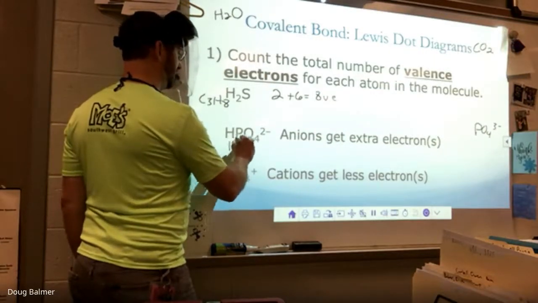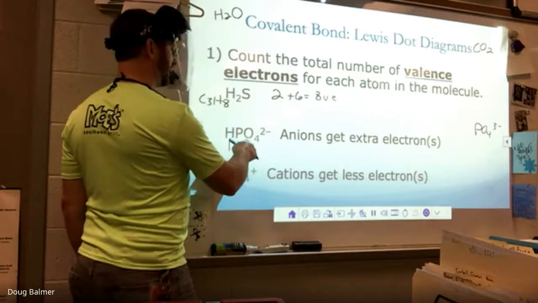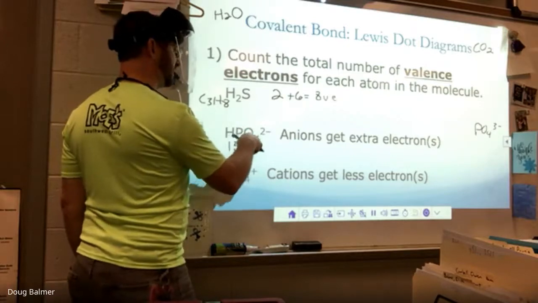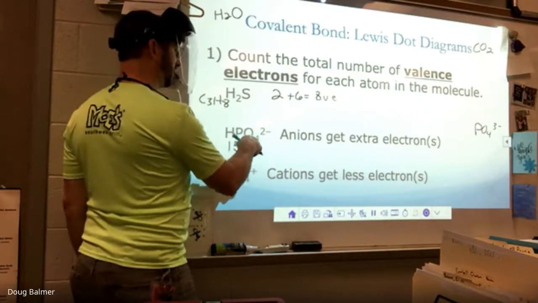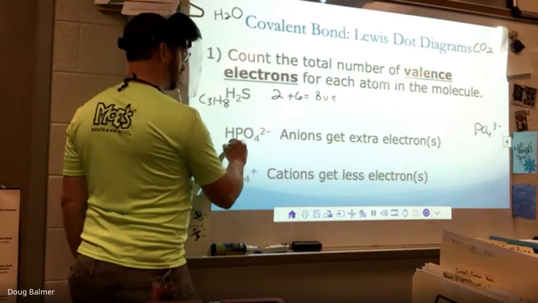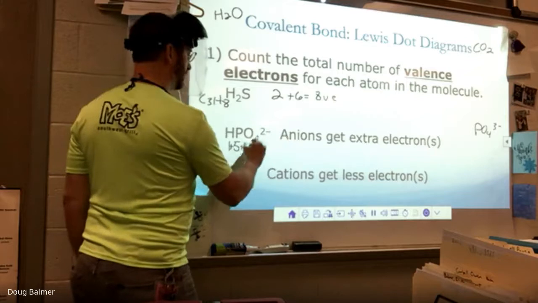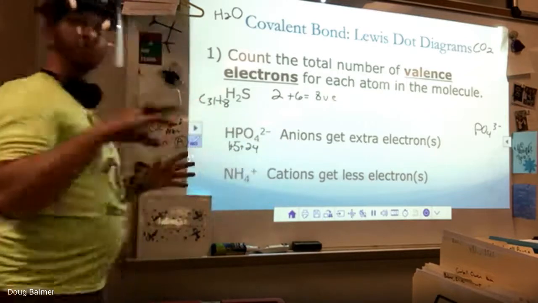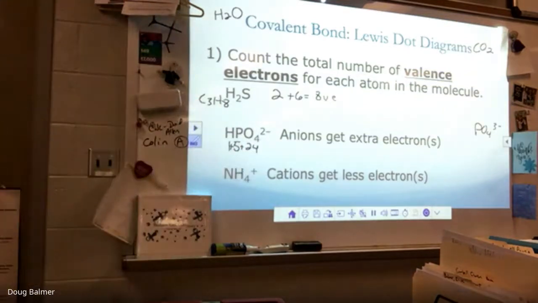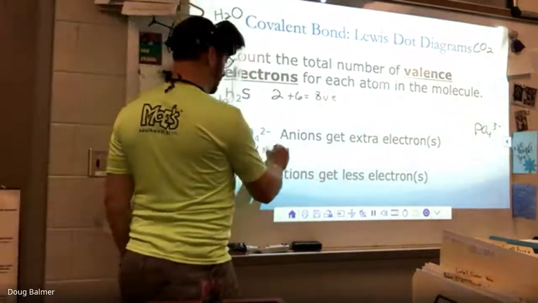Column 15 would be 5. O gets how many valence electrons? 6, but 4 6s would be what? 6, 6, 6, and 6? 24? So normally we would stop there, but because I have an extra 2 negatives, I'm going to have to add 2 negatives to the total.